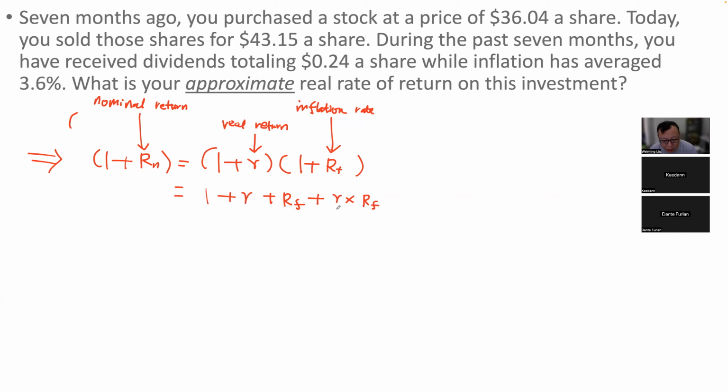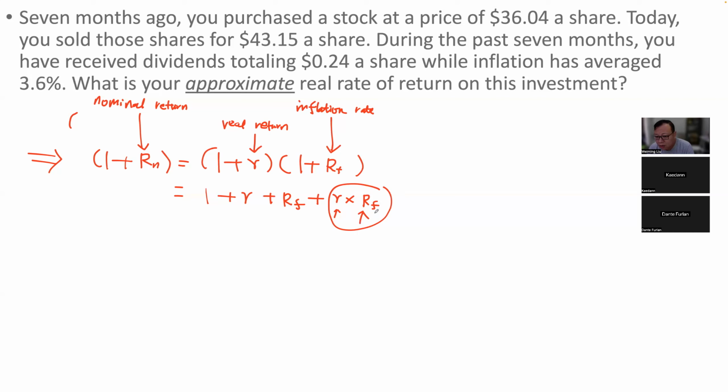Often, if you have a small number r and a small number RF, the multiplication will be even smaller.